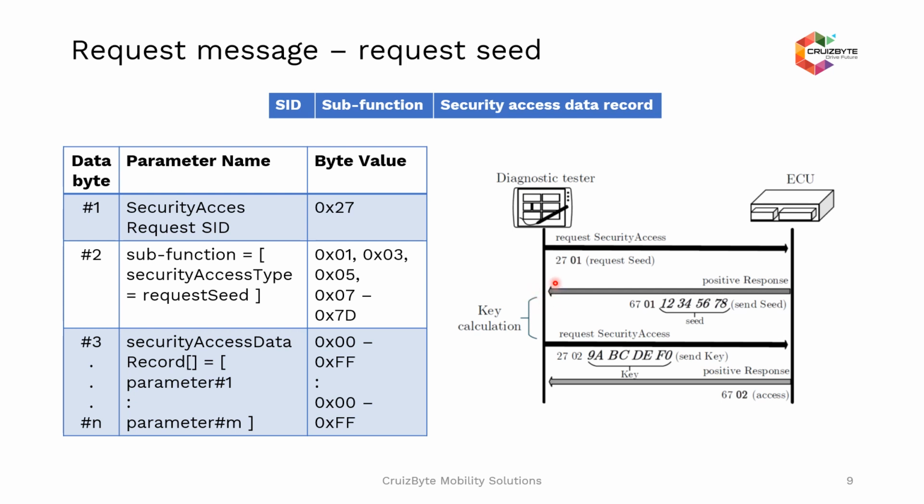Once the seed is received on the diagnostic tester, a key calculation happens here. This is the algorithm which runs on the diagnostic tester side for security. It calculates a key for the requested service. Then it sends the key value along with the service ID 27 and the subfunction 02, adding the calculated key to the request message, and sends it back to the ECU.